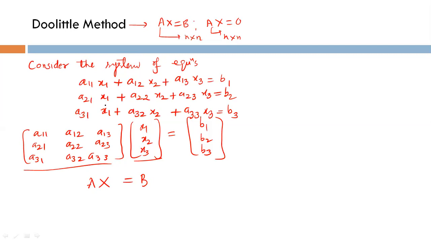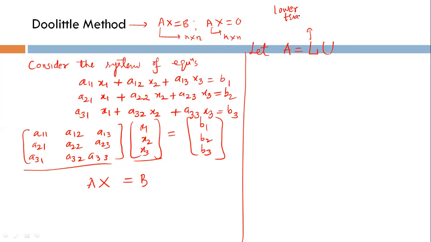Now, how does the LU decomposition method work? Let A equal L into U, where L is a lower triangular matrix and U is an upper triangular matrix. Every square matrix can be factorized into a product of a lower and an upper triangular matrix. We will use this concept here.